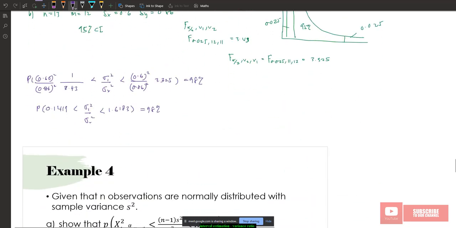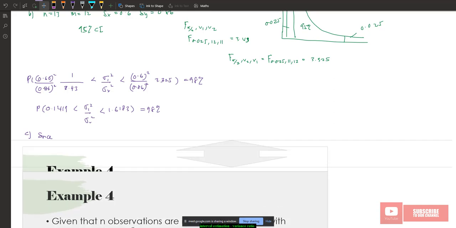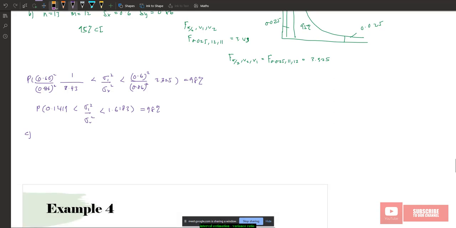So for C, we can say that, let me use another color, the variances are equal because the value 1 is included in the interval. Right. So that's all.